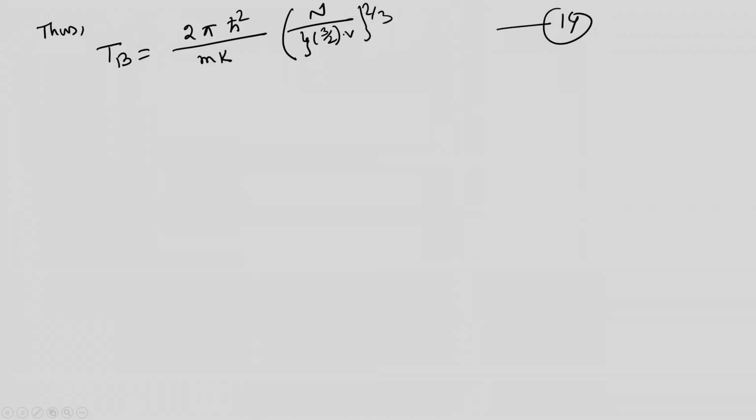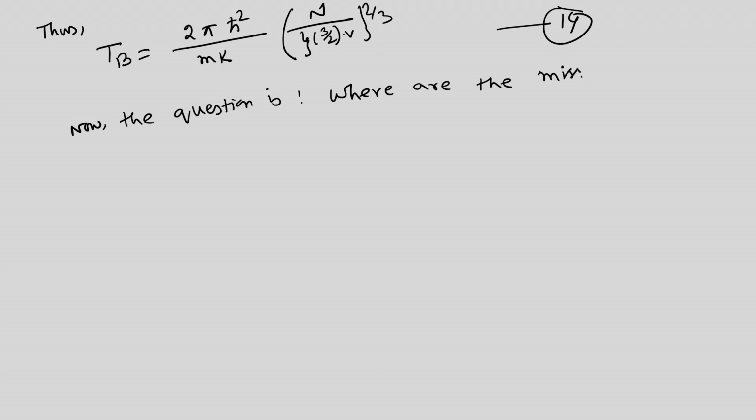Now, the question is, where are the missing particles for T less than Tb?